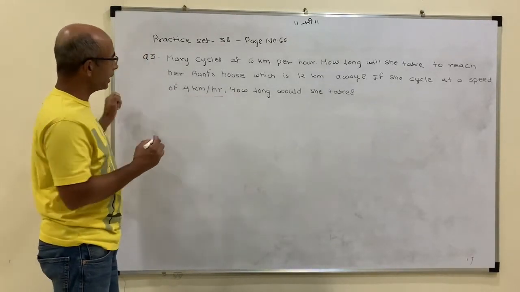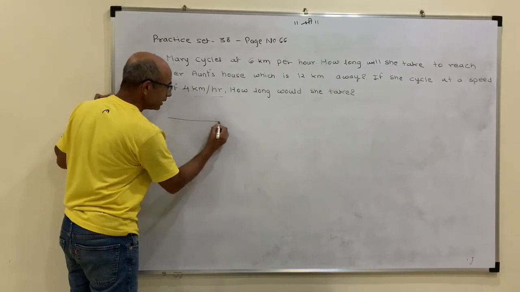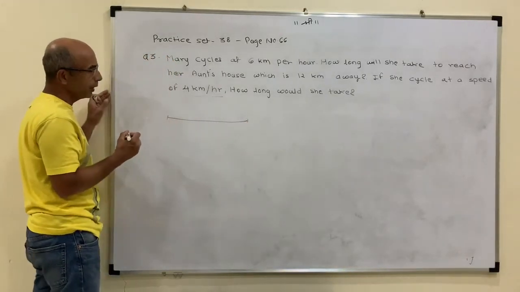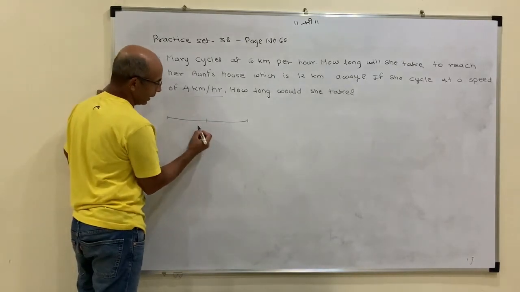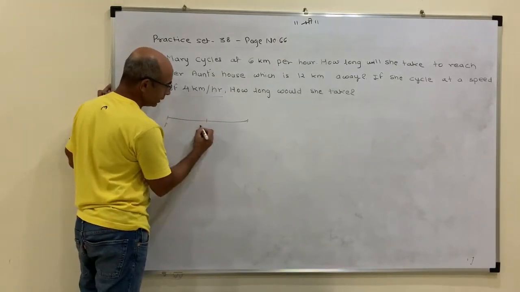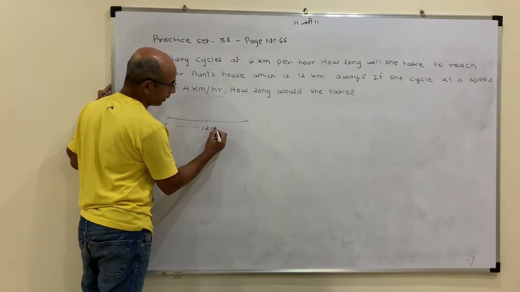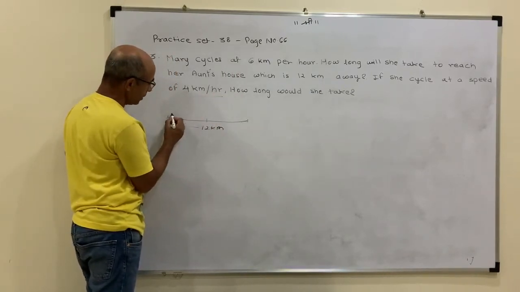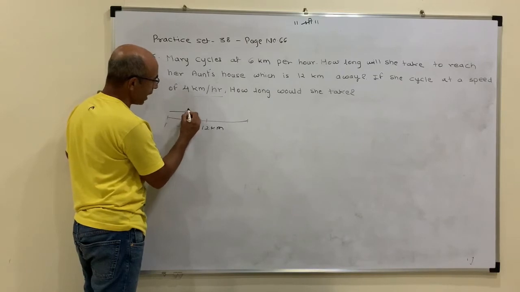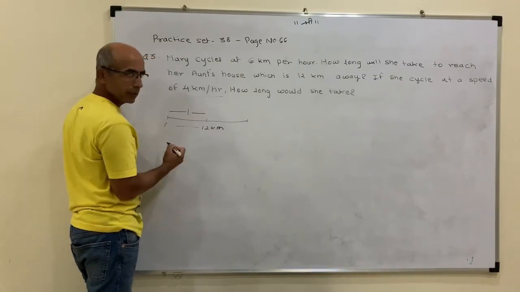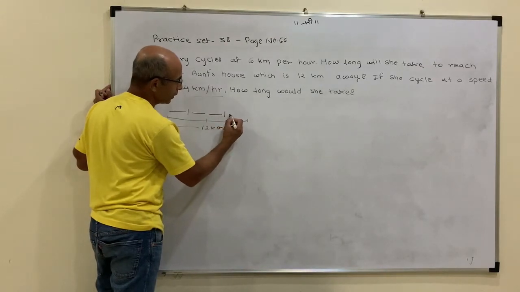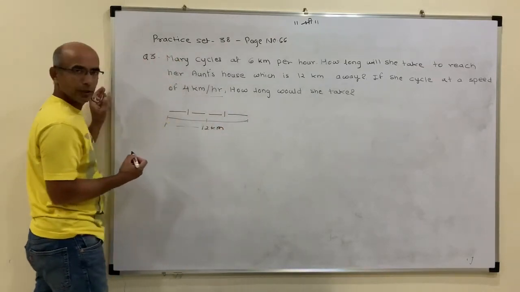Now, the first part, let's see. This is the distance of 12 kilometers. I am purposefully presenting it diagrammatically. With 6 kilometers per hour, for the first 1 hour she will complete this much distance, and to complete the rest of the 6 kilometers she needs another hour.